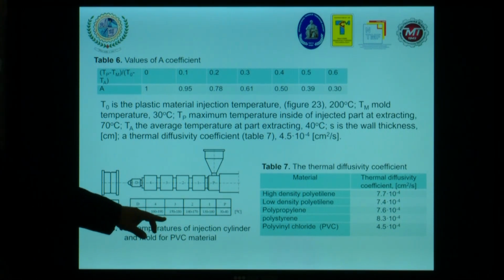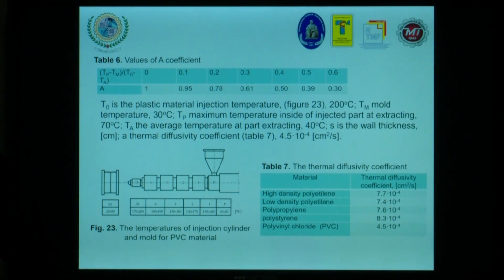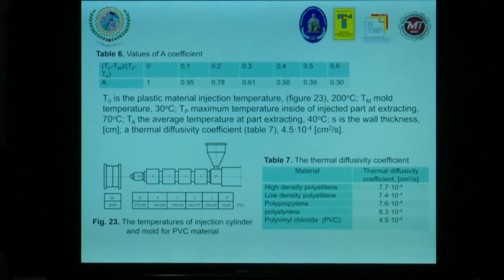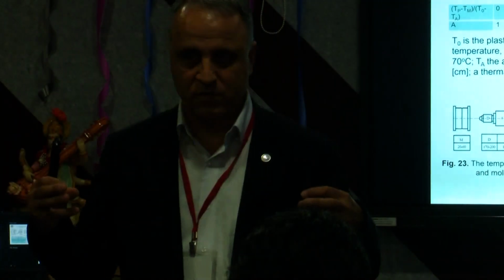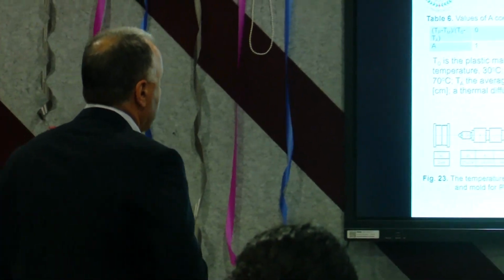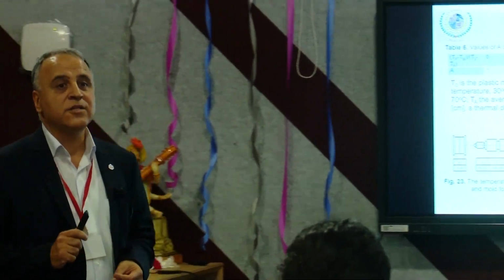But always we put here, let's say, 5 Celsius between zones, because of the fluidity of the material it's important to have a constant one. But you can also choose 10 Celsius between zones. It's up to the material too.